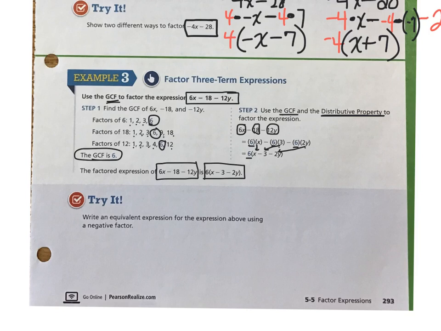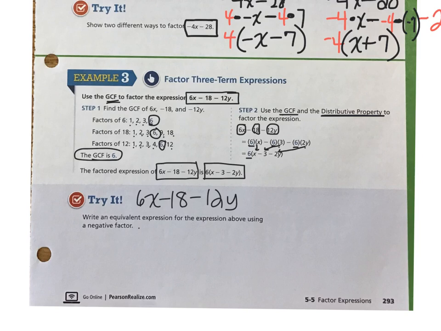So now what we're going to do in the try it is we're going to try to do that same expression, but this time it wants us to factor using a negative factor. So instead of factoring positive 6, let's factor a negative 6. Now this is where it might be easier to go ahead and take that 6x minus 18 minus 12y and let's write it using addition.